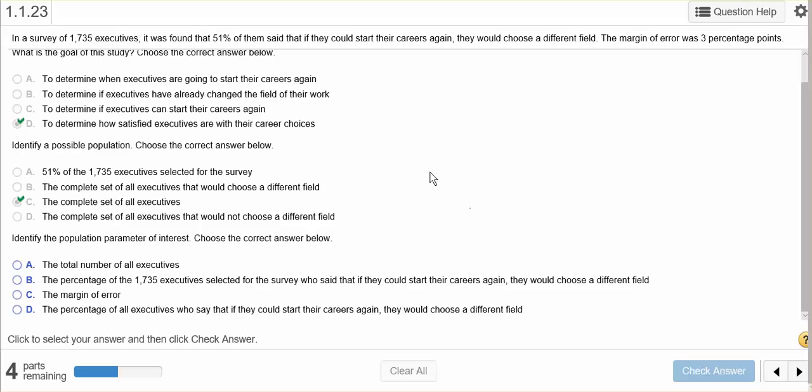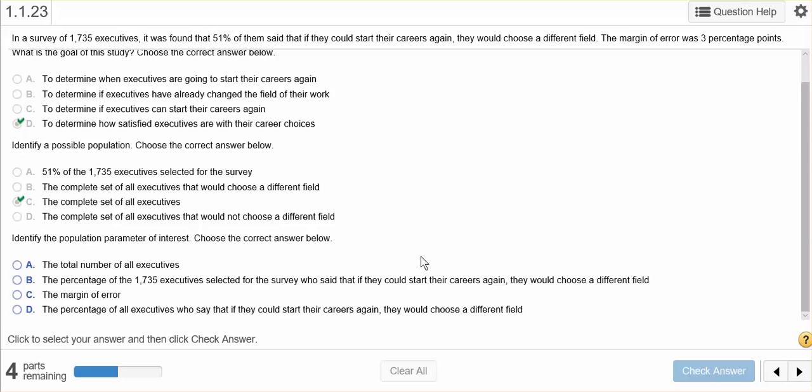Part C in our question says, identify the population parameter of interest. Now again, the population parameter is what we're looking at, the question that we're asking. It's a numerical value that identifies a part of that population.